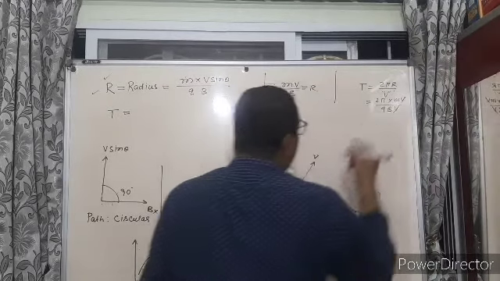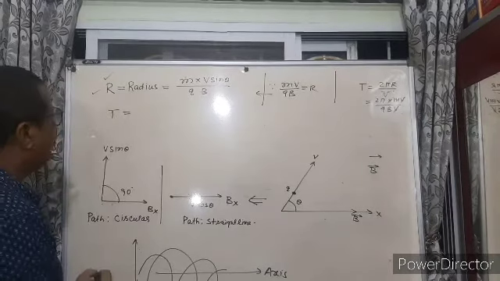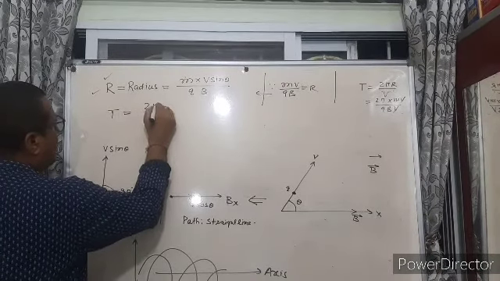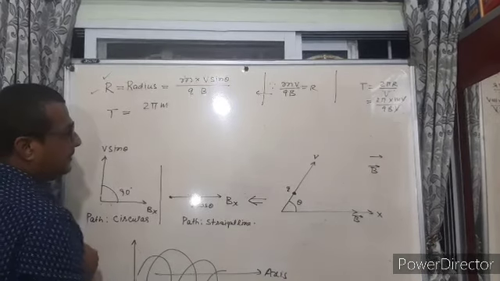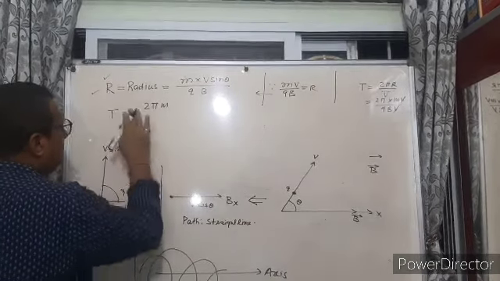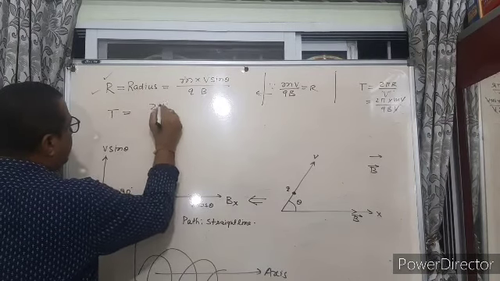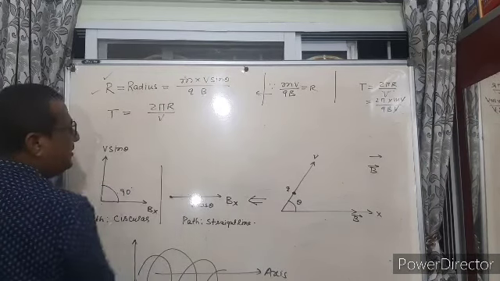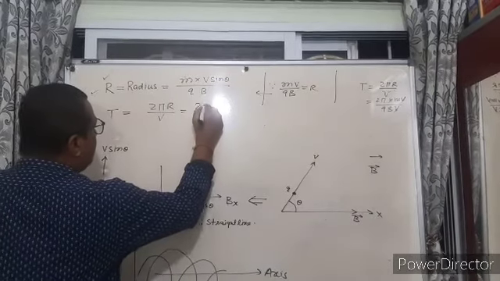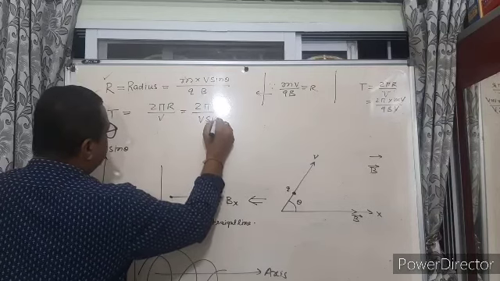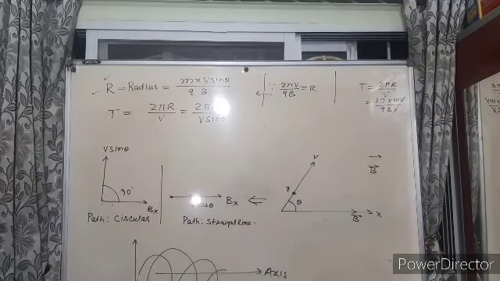V will be cancelled. 2 pi m by qB. Then the time period will be equal to 2 pi m by qB, or we can write directly 2 pi r by v, which will be equal to 2 pi r by v sin theta. This is the time period.